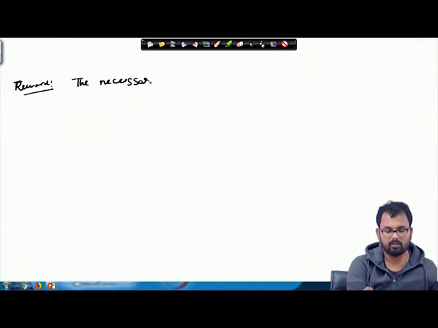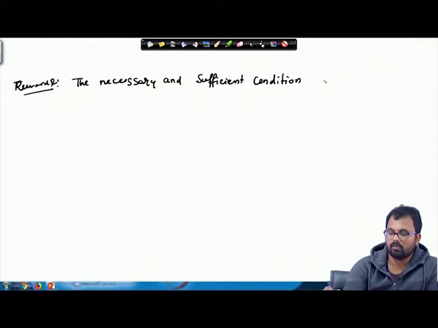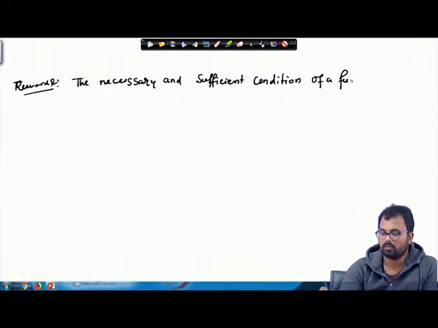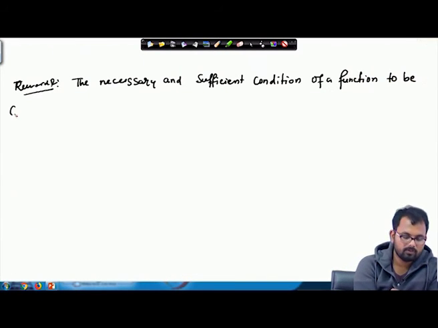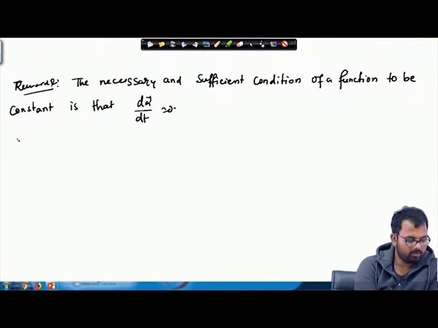Remark 2: the necessary and sufficient condition for a function to be constant is that dA/dt equals 0.